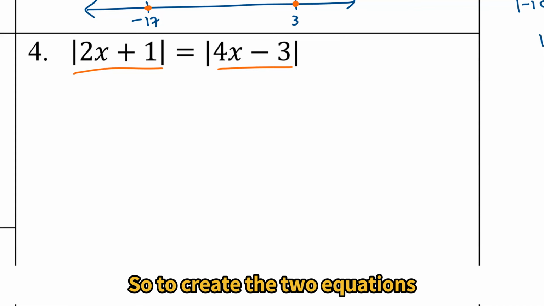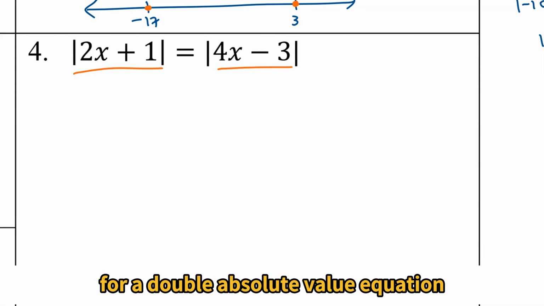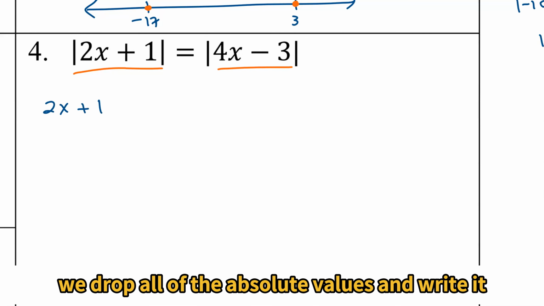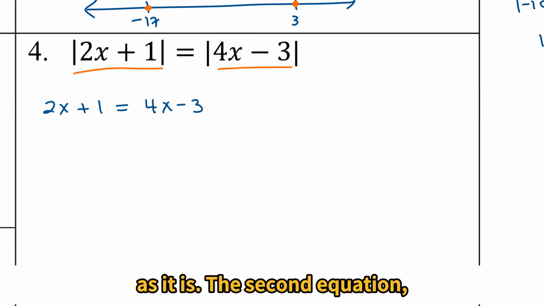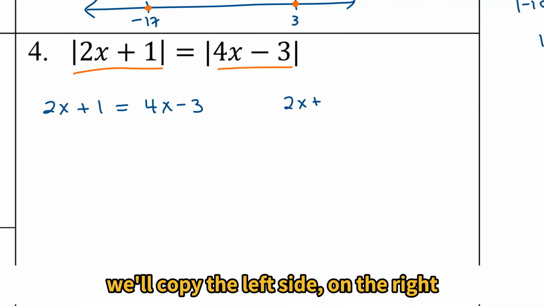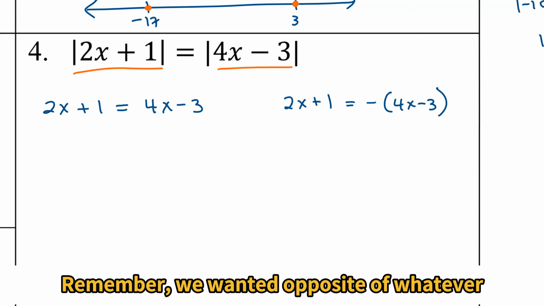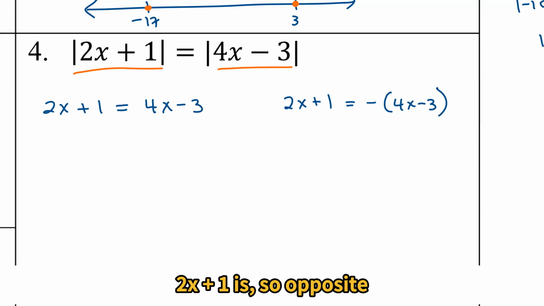So to create the 2 equations for a double absolute value equation like this one, the first equation, we drop all of the absolute values and write it as it is. The second equation, we'll copy the left side. On the right side, we'll include a negative sign on the whole thing. Remember, we want an opposite of whatever 2x plus 1 is.